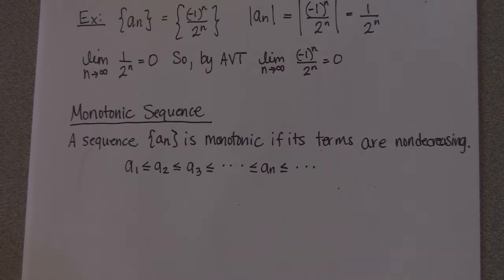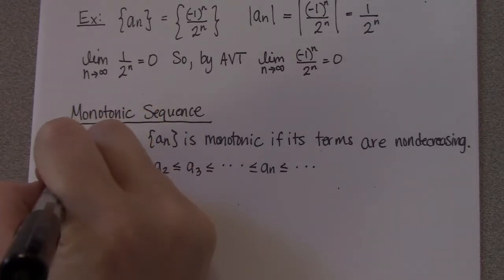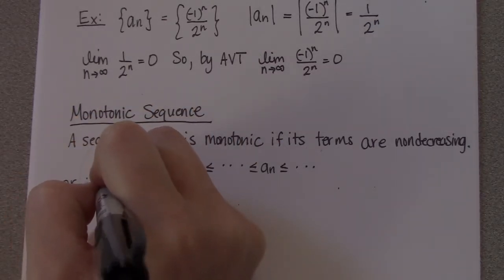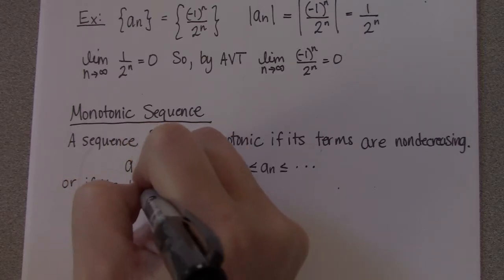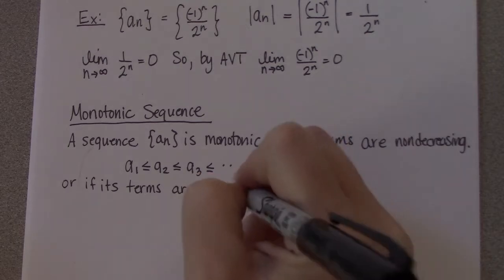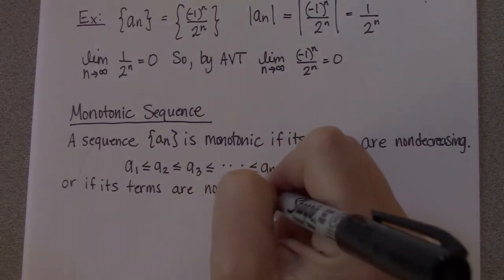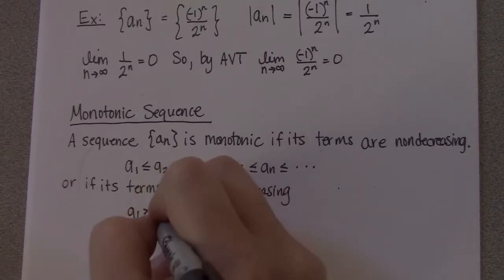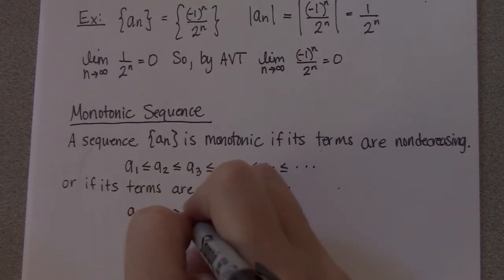Non-decreasing means increasing. That's a really lame way to define it, but that's how it's usually defined. Or the other way around, if its terms are non-increasing. So it's just getting smaller.